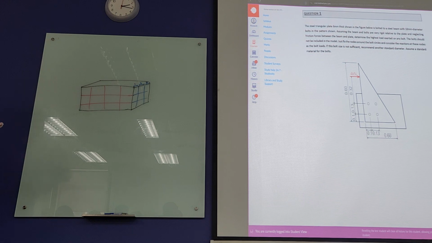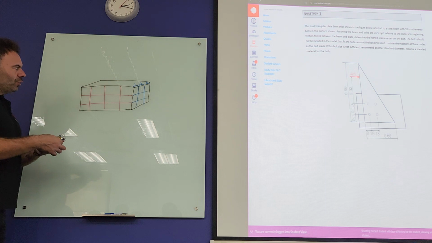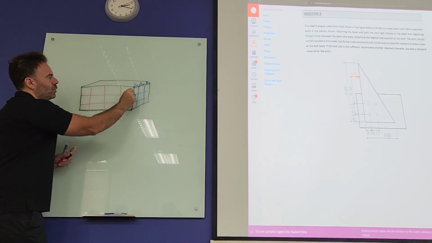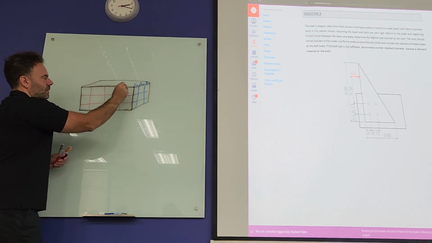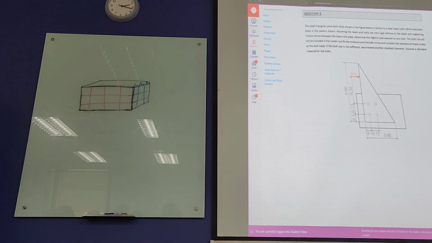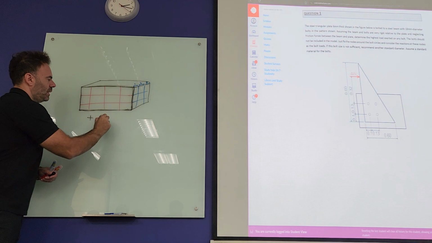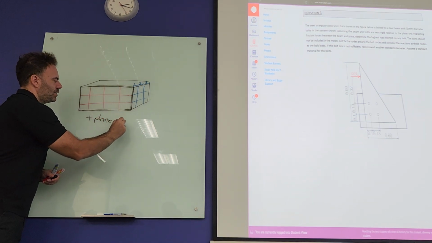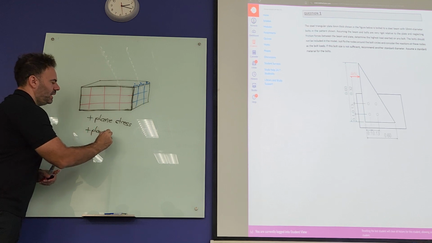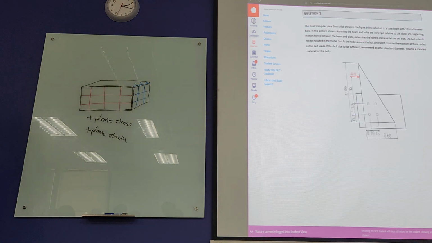So what we can say is that, okay, that stuff here, we can model as 2D if we assume certain things. And then we develop those 2 assumptions. First assumption is that we have plane stress. The second one is that we have plane strain. Now, what does that mean?